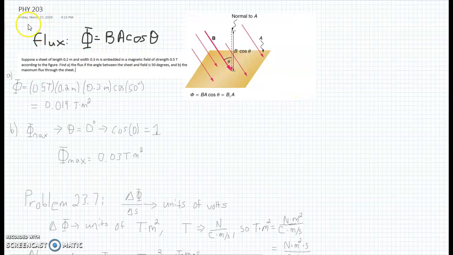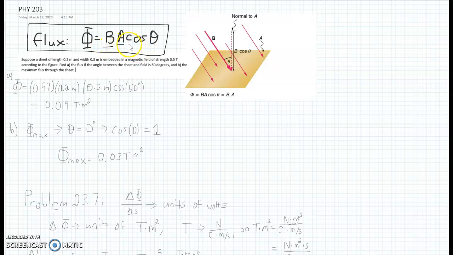And so recall the definition of flux is the magnitude of the field times the area that it's penetrating, multiplied by the cosine of the angle between the two. Now, a word to note. Remember that the normal is the direction that's associated with the area.